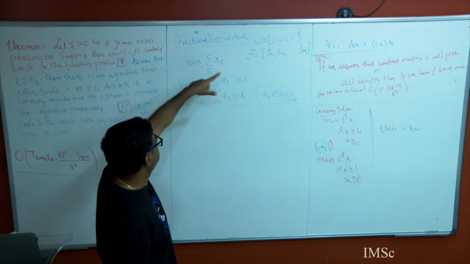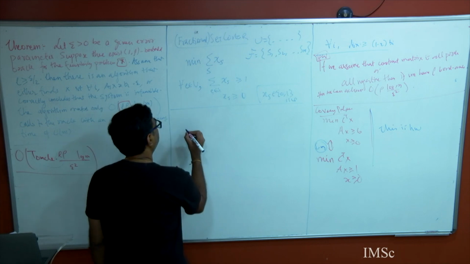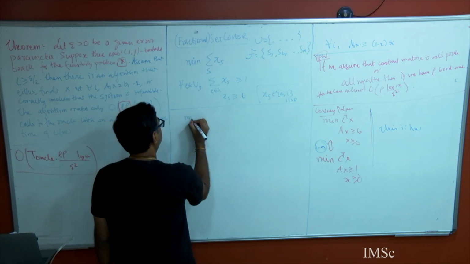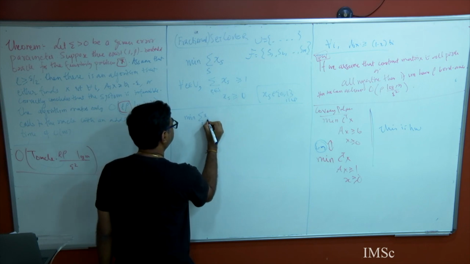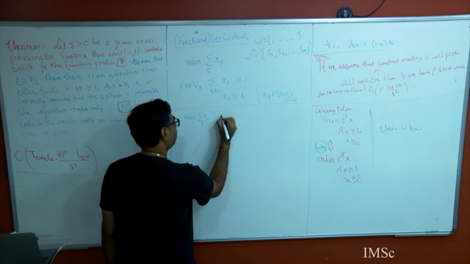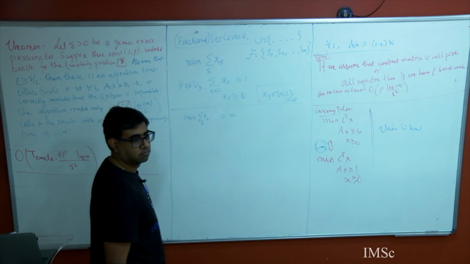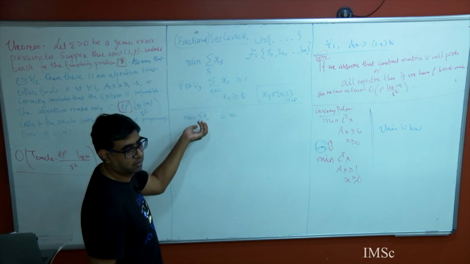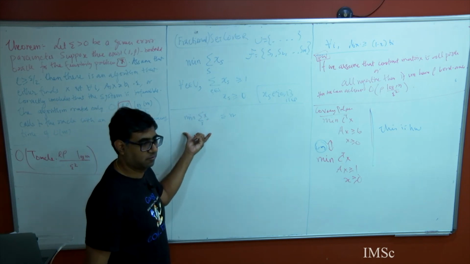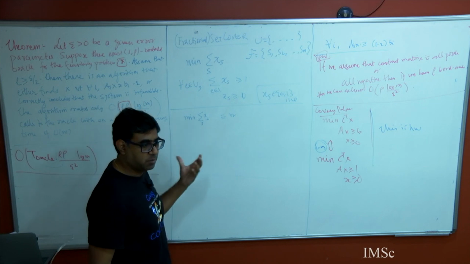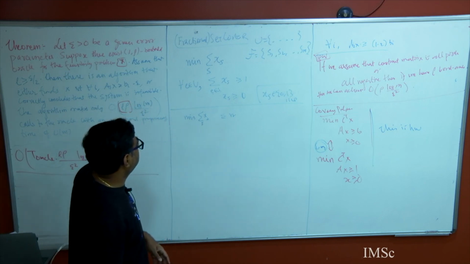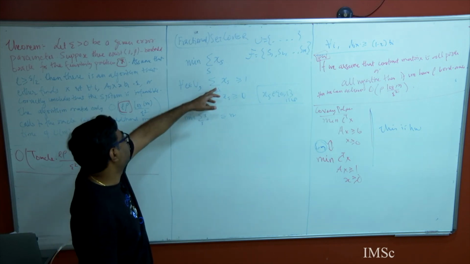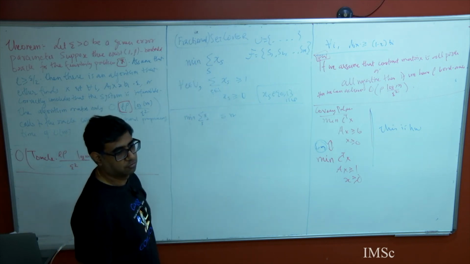What I know on minimization of this is that the summation of xs over s is upper bounded by n. You don't need more than n sets to cover all the elements. The optimum value cannot be more than this, because for each element I just pick a set and set its xs to 1.